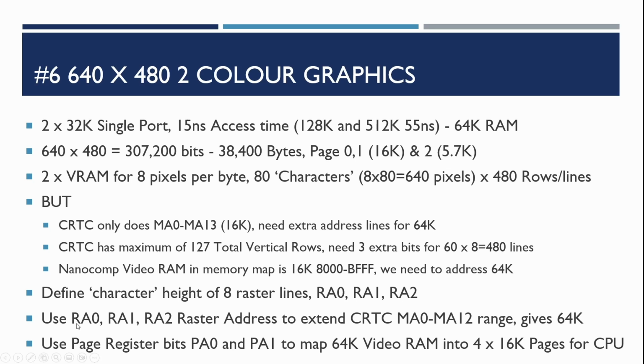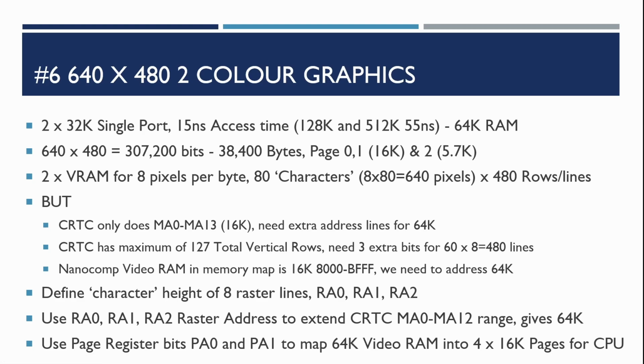But by using RA0 to RA2, it extends the address range that we can access through the CRTC to give the 64K that we need, and in fact we don't even need the MA13 line in this particular case. And then to address the RAM from the main memory map, we're going to add a page register with 2 bits, PA0 and PA1, which we're going to use to map the 64K video RAM into 4 16K pages for the CPU.